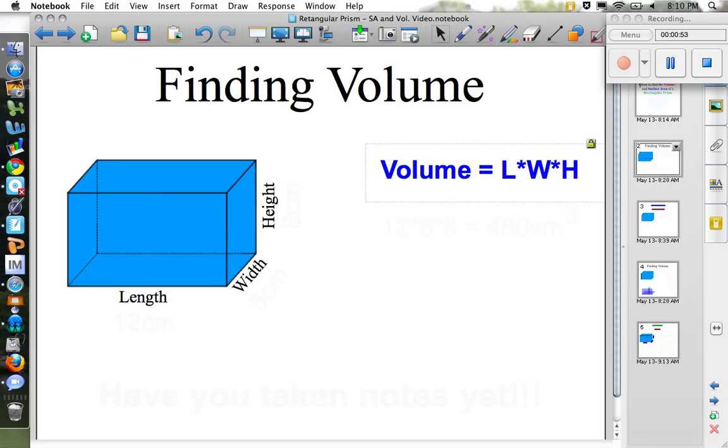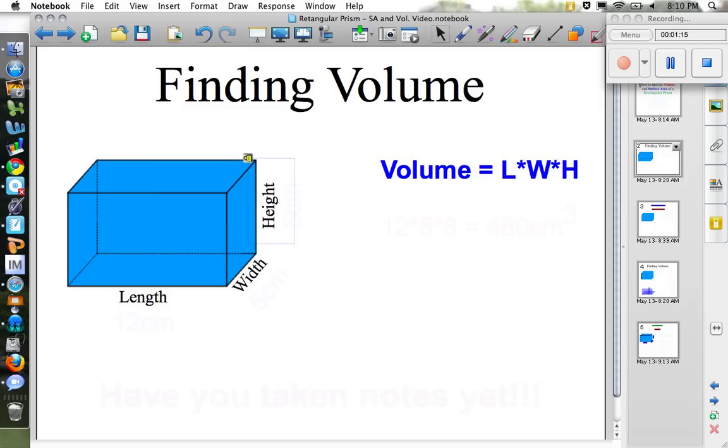In fact, I'll give you about 15 seconds to get paper out if you haven't already done so. Define the volume of a rectangular prism, which is like a box. It's simply the length times the width times the height.